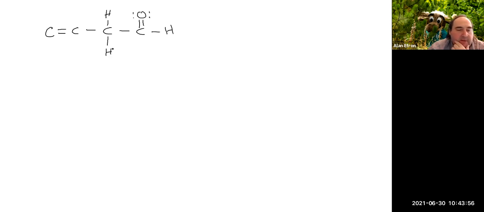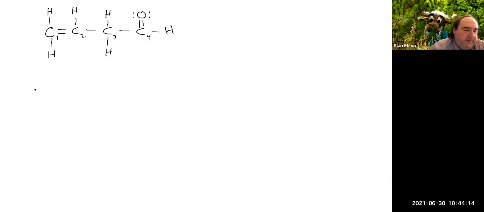Let's draw one with a bunch of center atoms to see what we come up with. Okay, so we'll call this guy carbon number 1, this one carbon number 2, carbon number 3, carbon number 4.